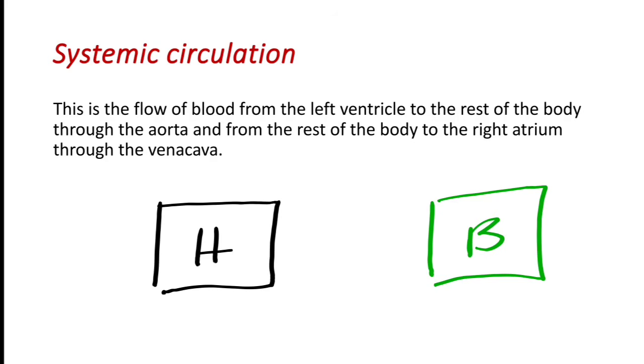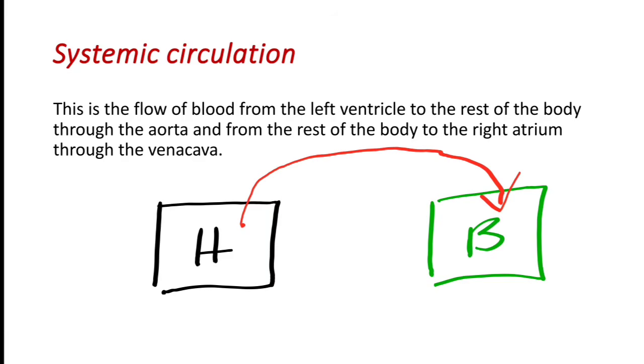What they are saying here is that blood which is oxygenated is going to flow from the left ventricle to the rest of the body through the aorta. So the aorta will transport oxygenated blood from the heart, taking it to all parts of the body. Once that blood travels to all parts of the body, the oxygen is going to be distributed to the tissue cells.